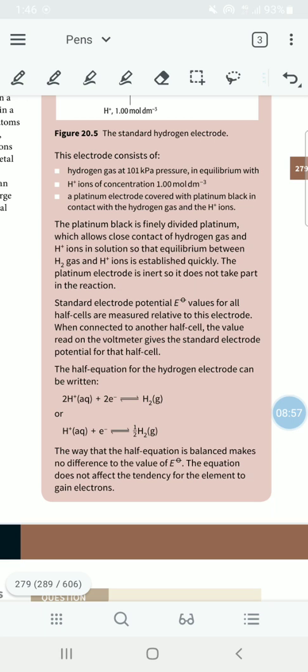When connected to another half cell, the value read on the voltmeter gives the E standard value for that half cell.